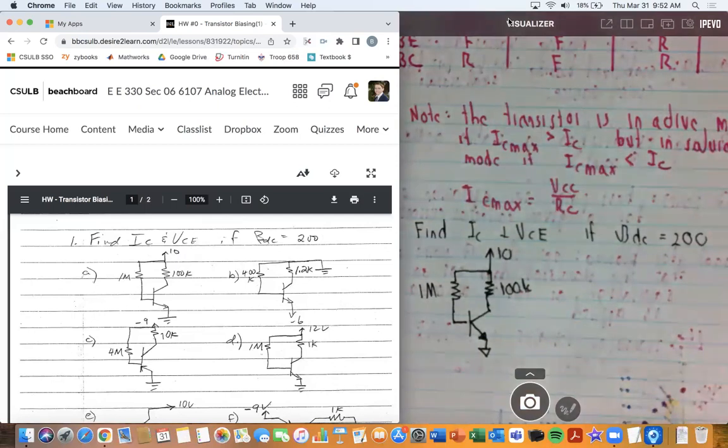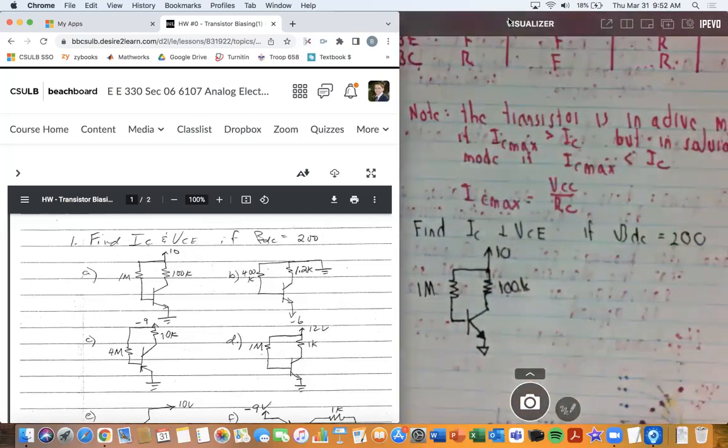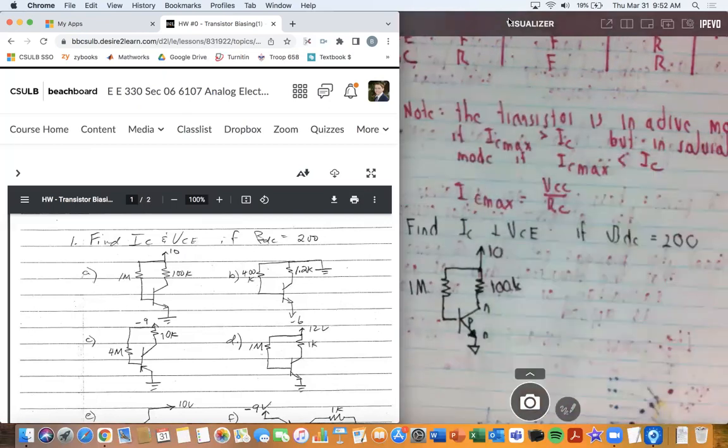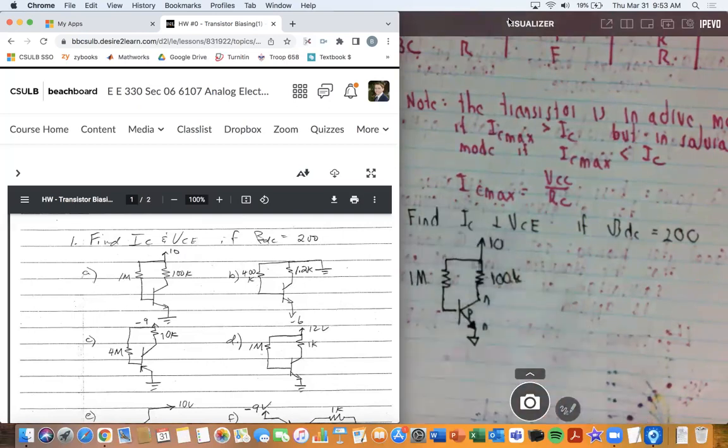Okay, so we know the beta is 200, and is this an NPN or PNP? Well, I would say it's an NPN because it goes from a positive to a negative, that diode drop. And so we know it's an NPN transistor, so there must be a positive voltage supplied, which there is.